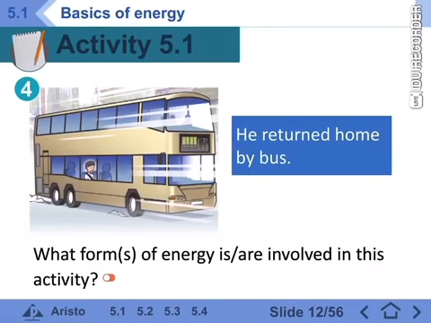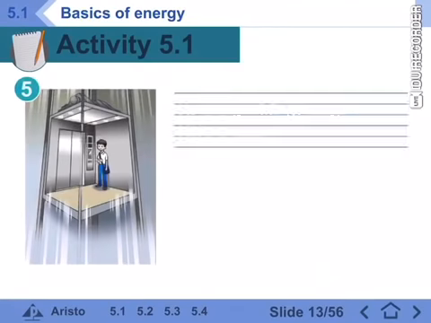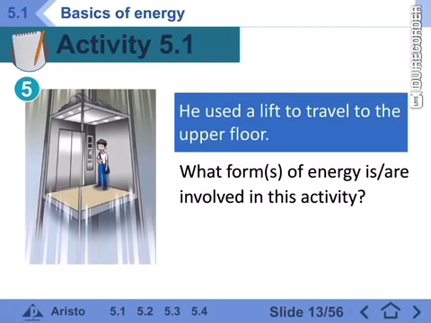And number 4, when he returned home by bus, which form of energy is being used? It's the kinetic energy, because the bus is moving. So that's why we call it kinetic energy. And number 5, when he's traveling in a lift to the upper floor, which kind of energy is involved?